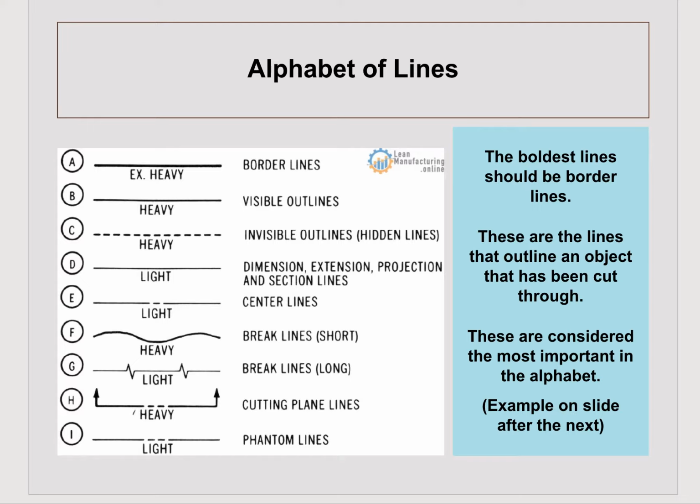When you're on your elevations, your windows are cutouts in that plane. Those are visible outlines. Dimensions, extensions, projection lines, those are lighter. And that is because we want them to be seen second. We want them to provide information, but while it is important information, it is not the thing that we want to stand out most.